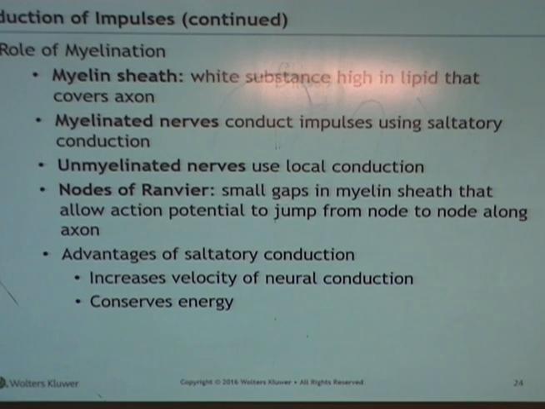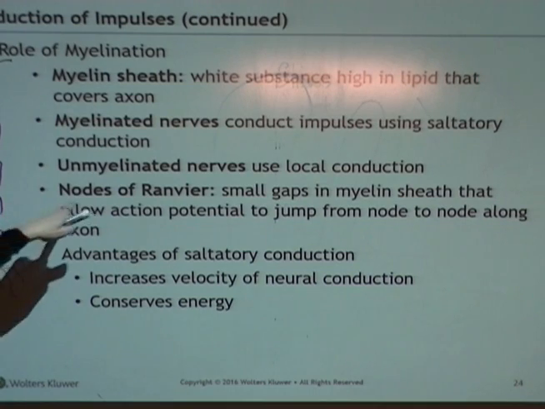So let's say this is our axon, and the myelin wraps around, so this is a cross section. So it wraps around, but it's got these little gaps in it.